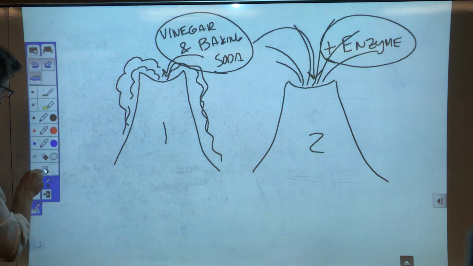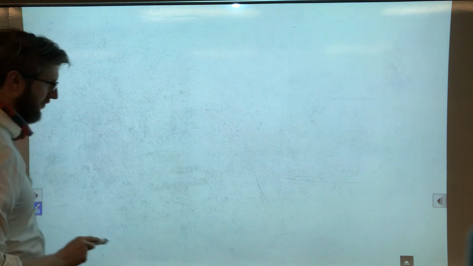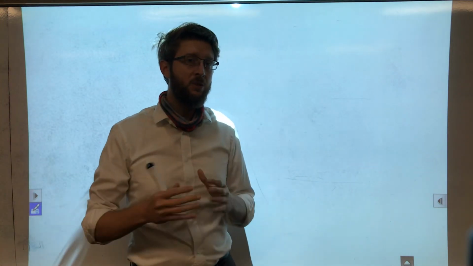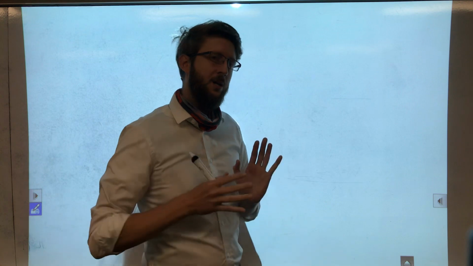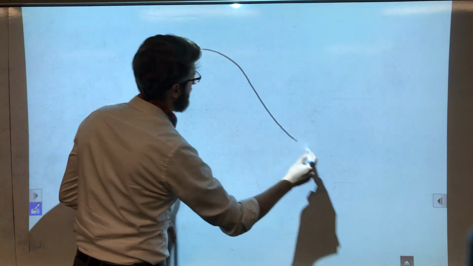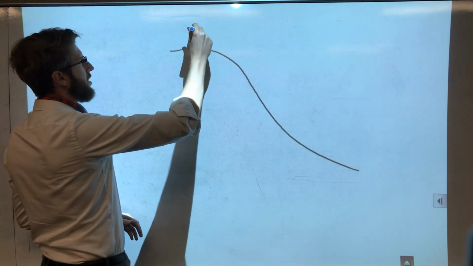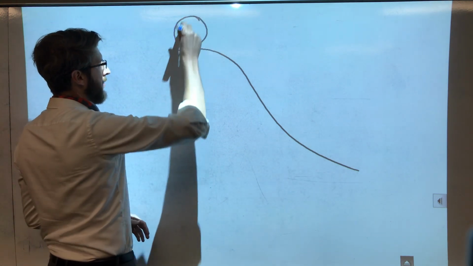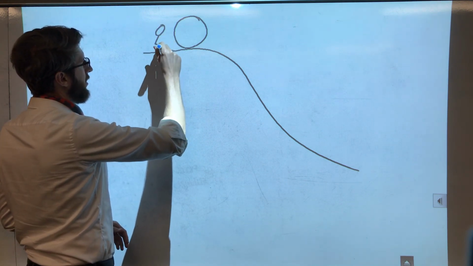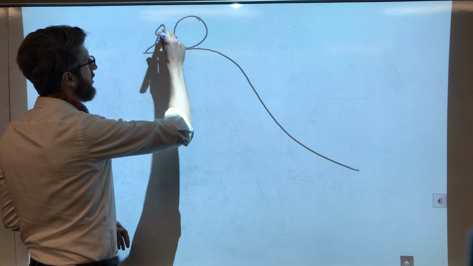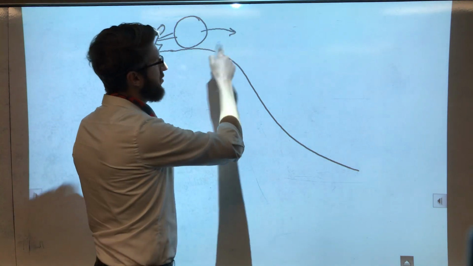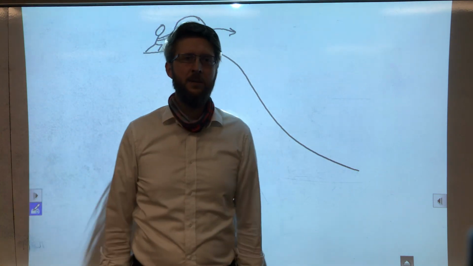Well, every chemical reaction needs a certain amount of energy input to get the ball rolling. So let's say that you have a hill, okay? Let's say that you have a big, heavy ball at the top of the hill, and you are trying to push that big, heavy ball over the edge so it can roll down the hill.